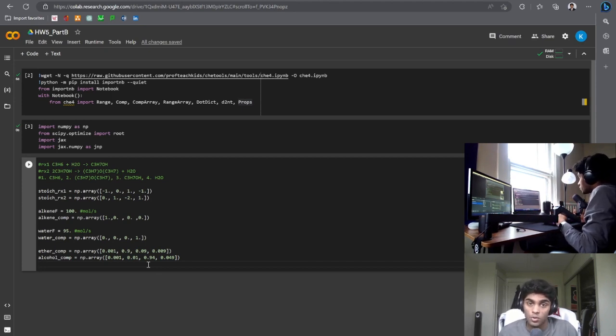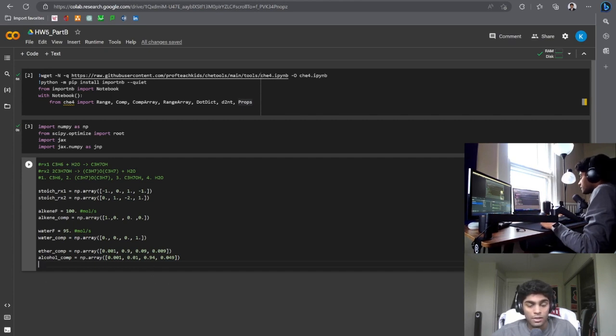What does the ether stream look like? What does the alcohol stream look like in terms of composition and mole fractions? And so it really is just a way of staying organized and making things a little bit easier on us by structuring this out the way it's happening in the reactor almost.